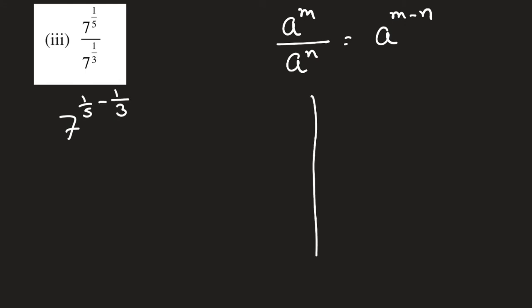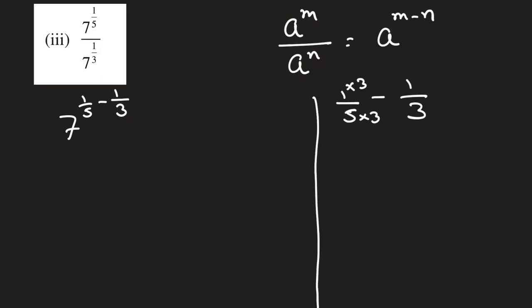And in our lower grades, we have learned how to subtract two fractions. 1 over 5 minus 1 over 3. Are the denominators same? No. So I have to make the denominators same. How do I do that? I can multiply the first fraction with 3 and the second fraction with 5.